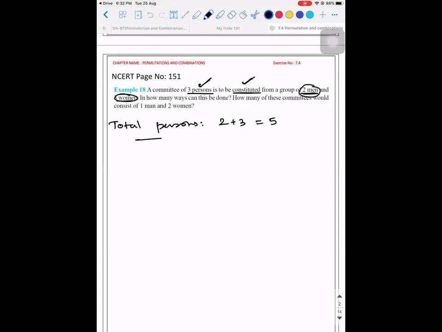From these 5 people, how many member committee do you need? 3. So from the 5 members, you will choose 3 members. You're able to understand? It is going to be 5 factorial divided by 2 factorial into 3 factorial.